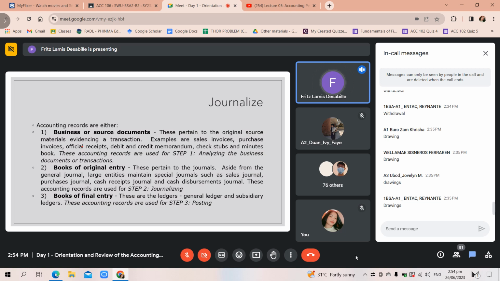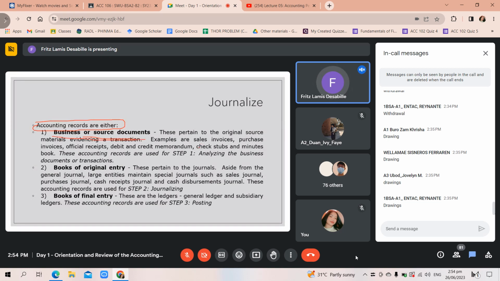Journalizing, or recording a transaction. We have what are called accounting records. These are the database we use as the basis of our journal entries. So we have source documents or business documents.